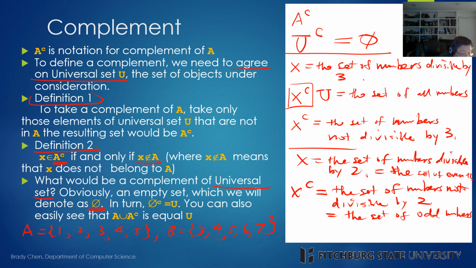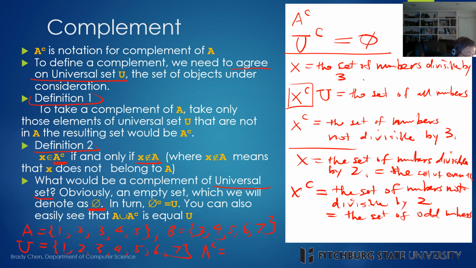Right? Now, we could also define the universal set for A and B as 1, 2, 3, 4, 5, 6, 7. So suppose the universal set is actually the union of A and B, which includes the elements belonging to A and B. Then what's the complement of A?